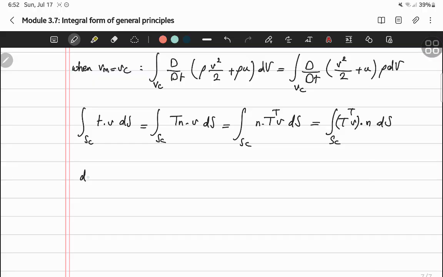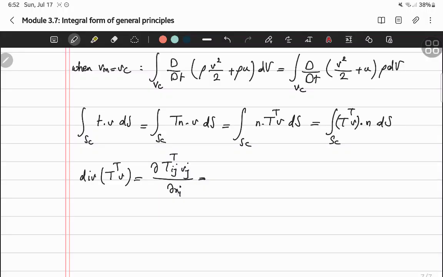If I take the divergence of t transpose v, we can write this as the partial derivative of t transpose_ij v_j with respect to x_i, because divergence reduces one order of the tensor, so we finally get a scalar value.